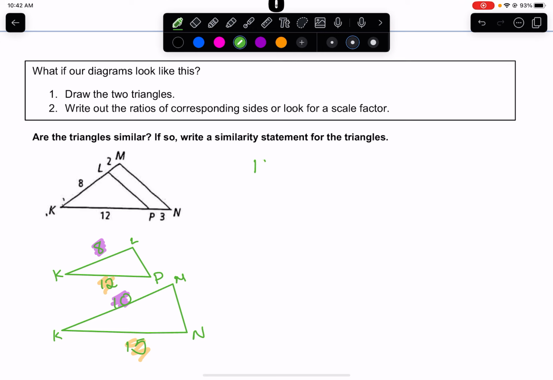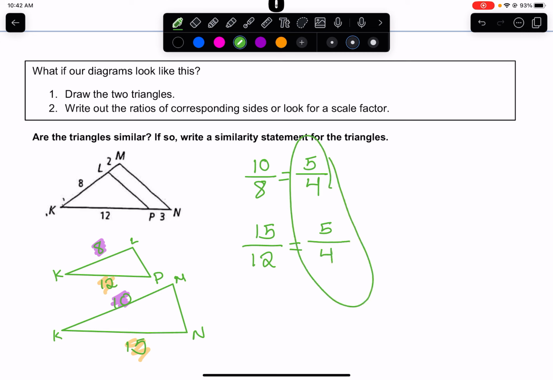So our new is 10 over 8 for our purple, which would simplify to 5 over 4. For our orange, it's 15 over 12, which are both divisible by 3, which is 5 over 4. So they have the same ratio, the same scale factor, so the triangles should be similar.